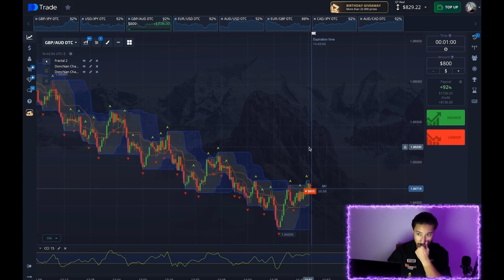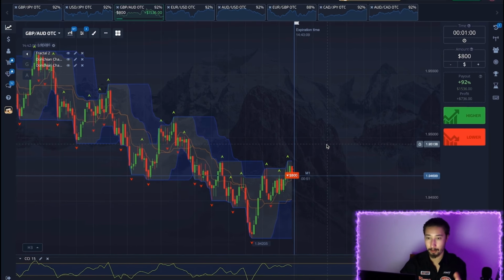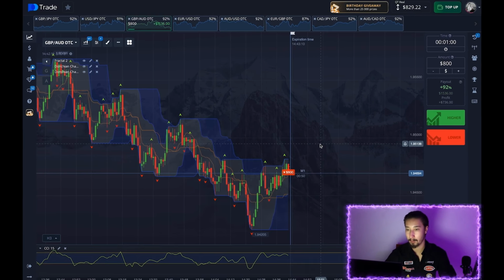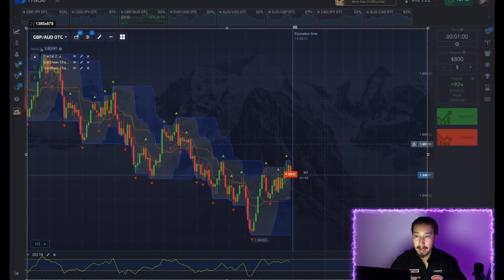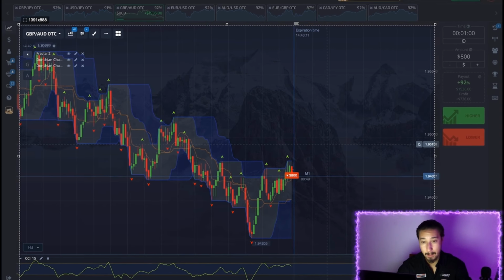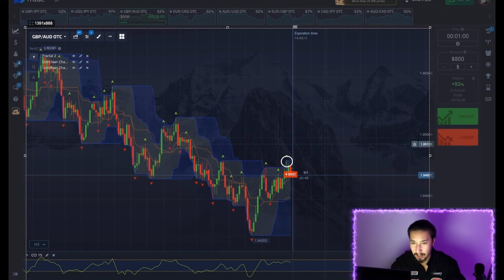Okay, short position, guys, in the direction of the actual trend. Let me just highlight the workspace for you. The trend has very strong downward dynamics on this currency pair. We touched the two upper moving averages of our double channel indicator.